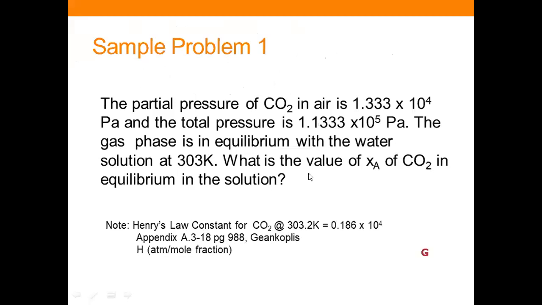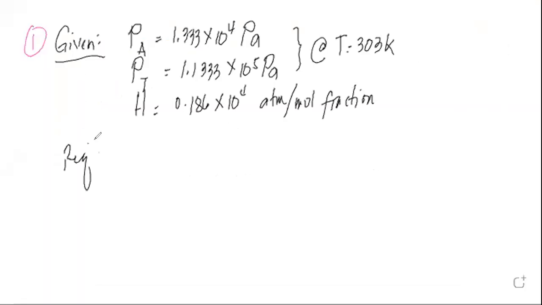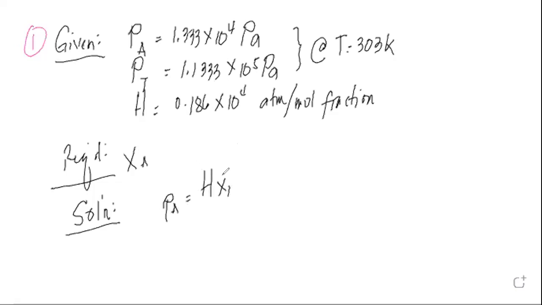For this problem, we are to find the XA. Since our system, the CO2-air system, is not an ideal system, you are a lot safer with Henry's law. That would be partial pressure equals the Henry's constant times the mole fraction of A in the liquid phase.